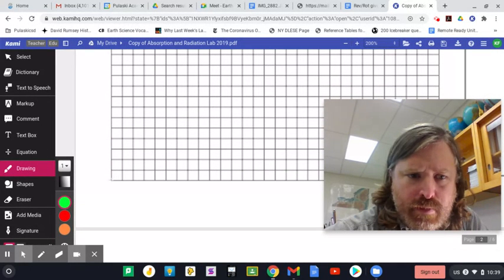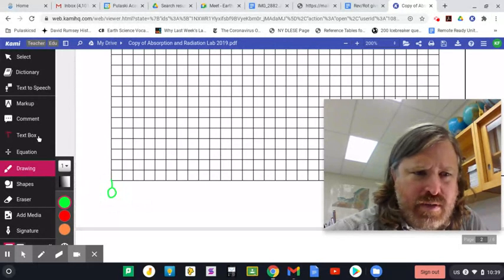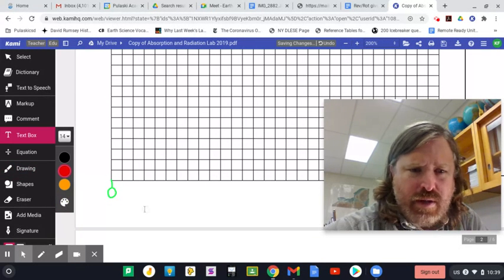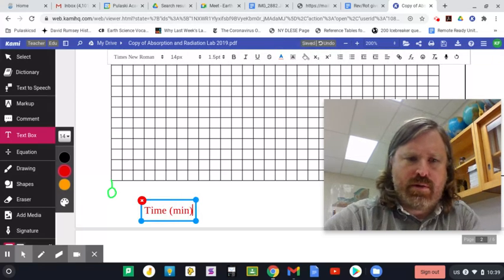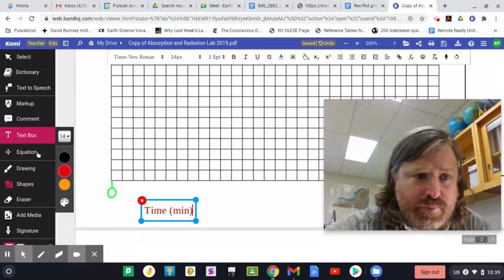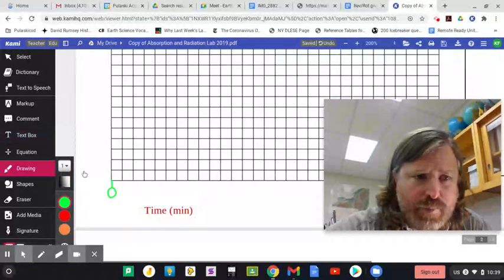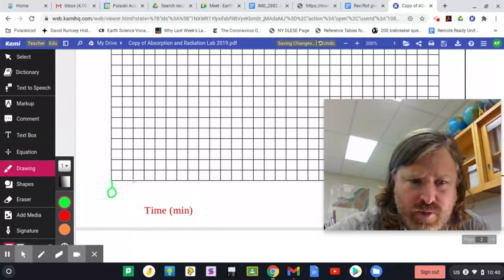If you start right at the origin at 0, that's going to be where we got those two pieces of starting data. And probably note that this is time in minutes. That's a good idea. Now, each one of these boxes is worth 1. I'll leave it up to you for how you want to label that. Do you want to go through and label every one? Or do you want to do every 2?